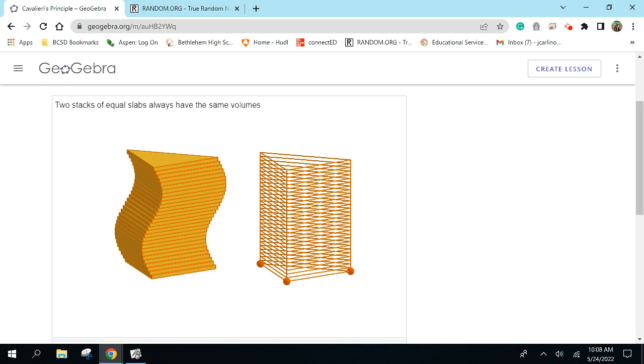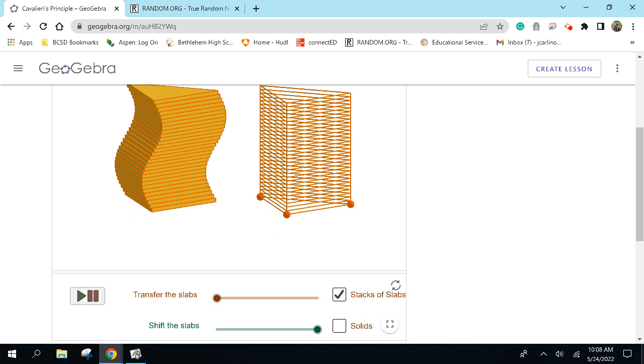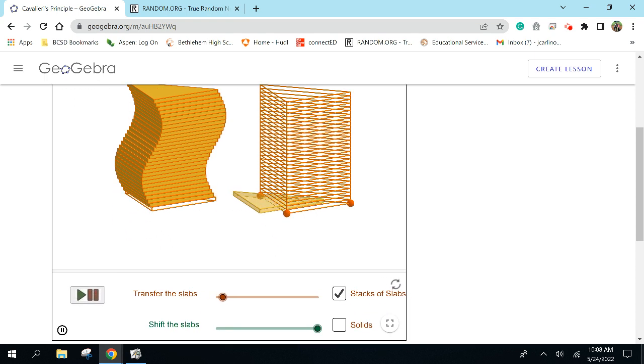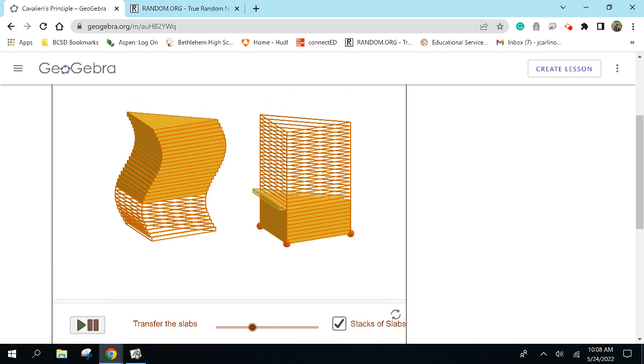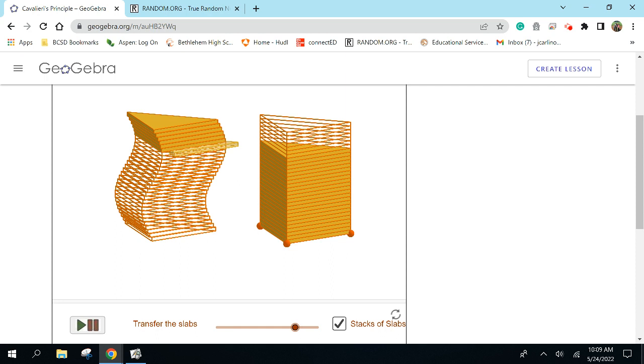So they're going to have the same volume. And that's what Cavalieri's principle says. Same height, same area on each cross section, same volume. Everyone good? Yep, everyone likes that. They actually do have the same volume, even though they look totally different.